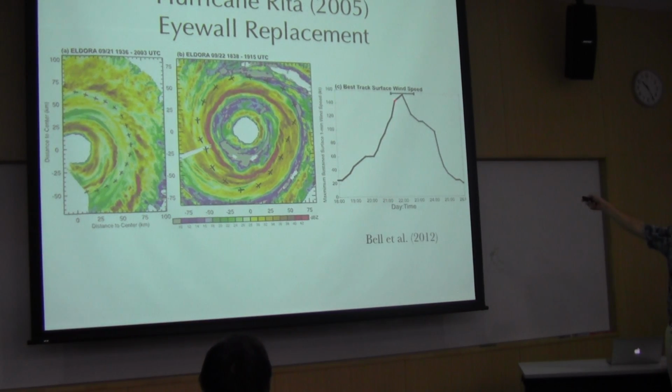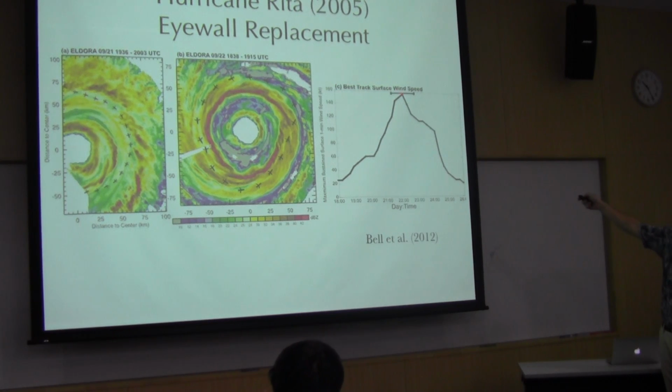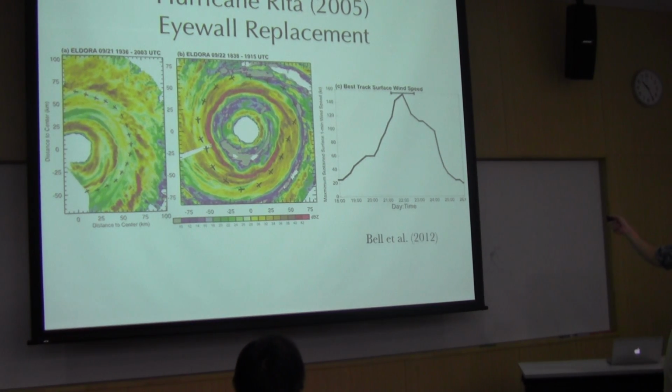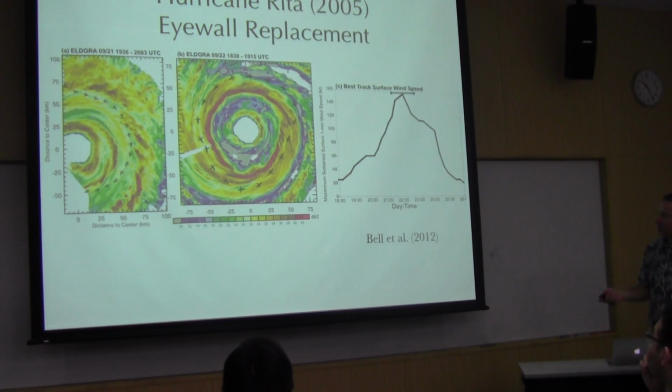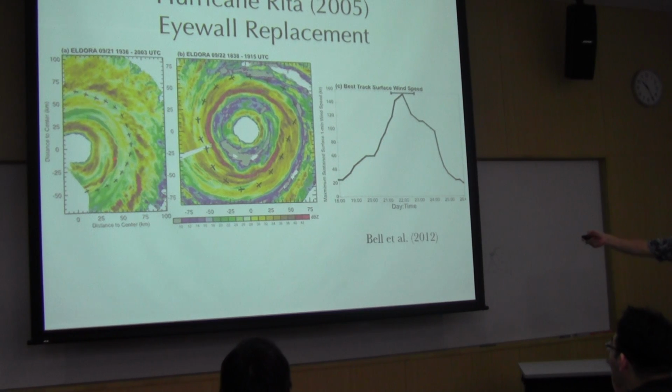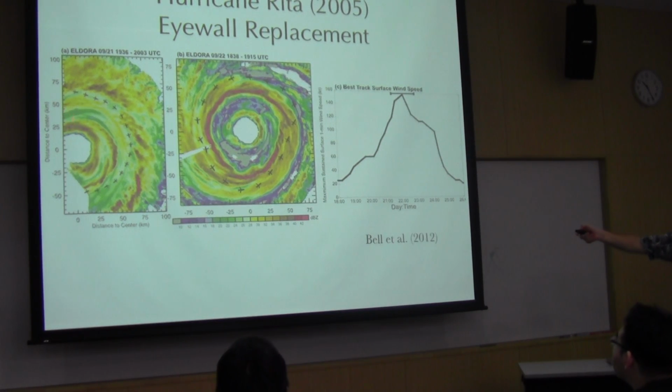So that would be basically right here, just before peak intensity, and then this is right after peak intensity. So we flew it right before it hit 160 knots, or actually it was 155, not quite 160. Unfortunately, there was no aircraft there when it was at its exact max intensity. We had aircraft going around the clock, but we missed the exact peak. But we came pretty darn close. So this is a Category 5 storm at this point.